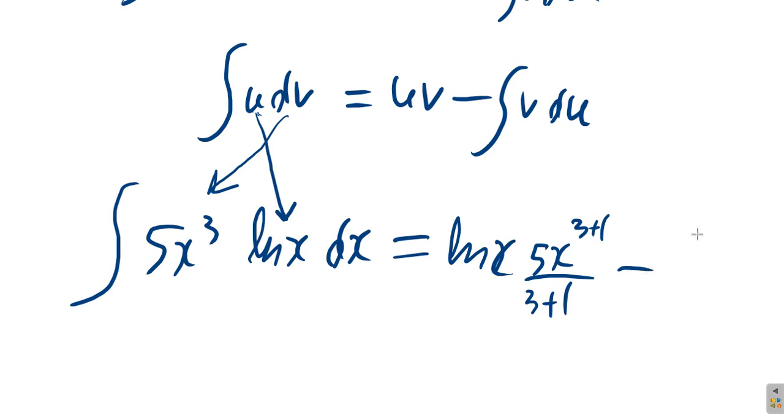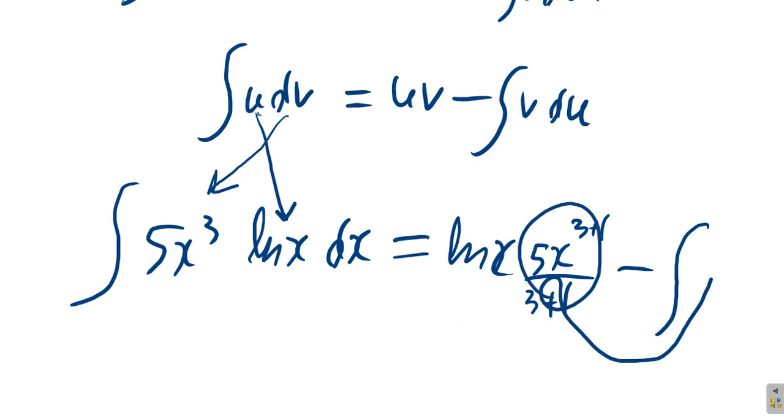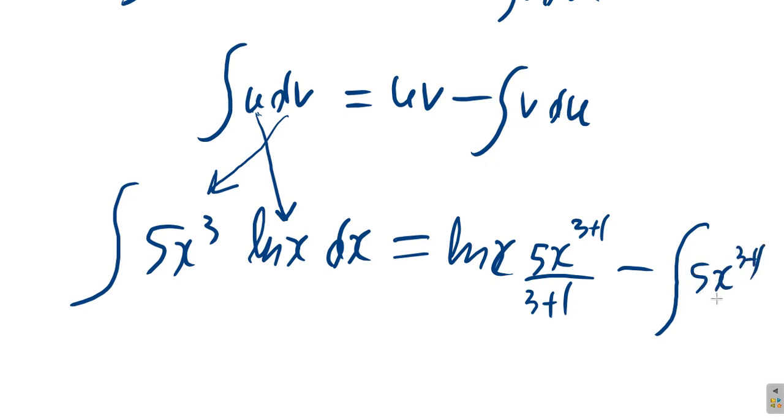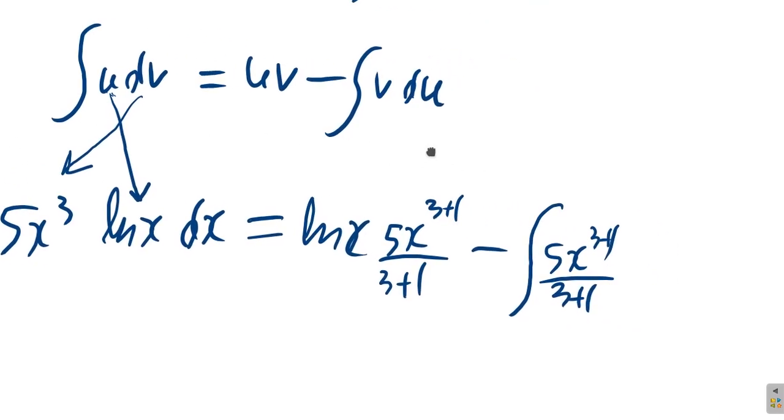Minus the integral now of this v, which is the same v here, so it's 5x to the 3 plus 1 over 3 plus 1 times du.